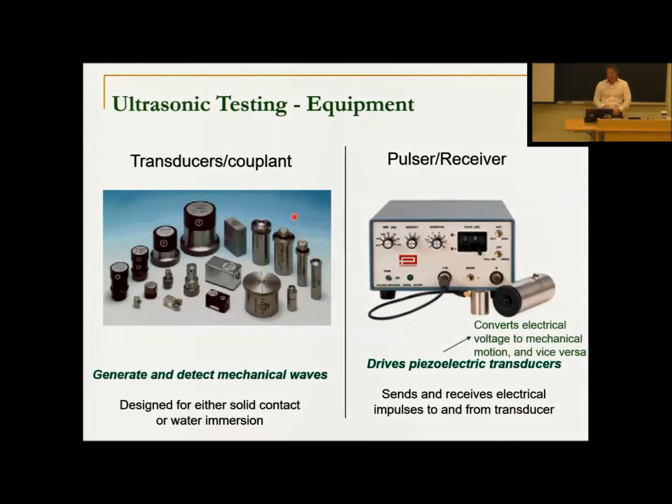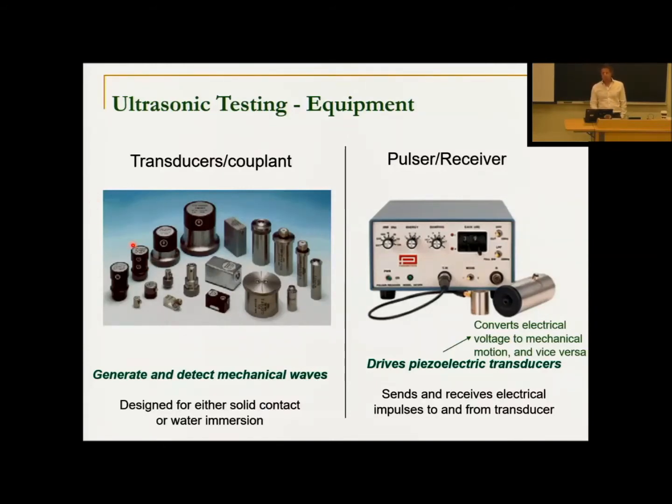Now, quickly I'll just go through some of the very basic equipment. What you see here on the left is a set of transducers. Each one of these can speak and it can listen, so it's both a talker and a listener. The transducer has a crystal that listens for motion and converts that to an electrical signal.